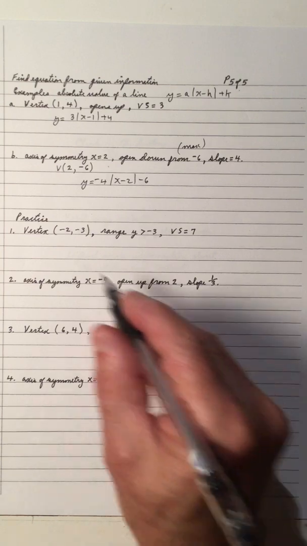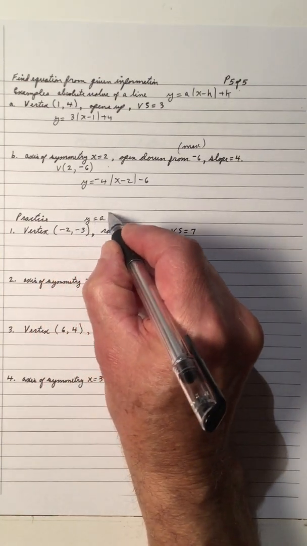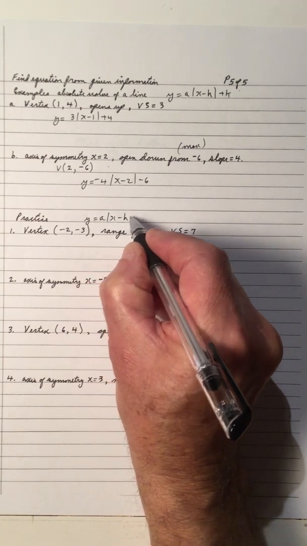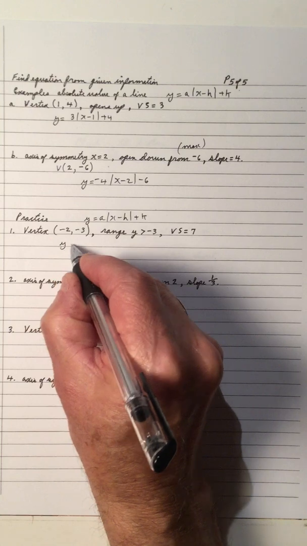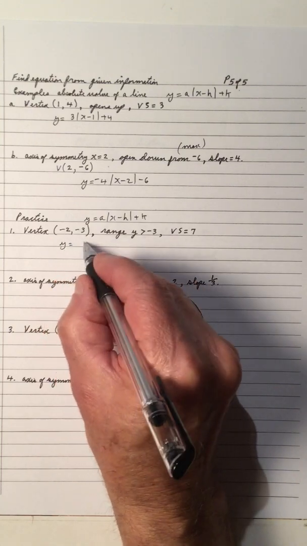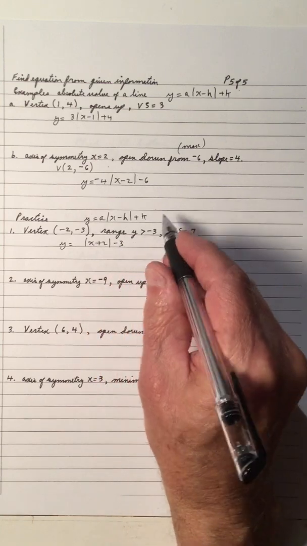Here we go. The vertex. Again, we're looking at y equals a times the absolute value of x minus h, plus k. So the vertex is -2, so that's a +2, minus 3.